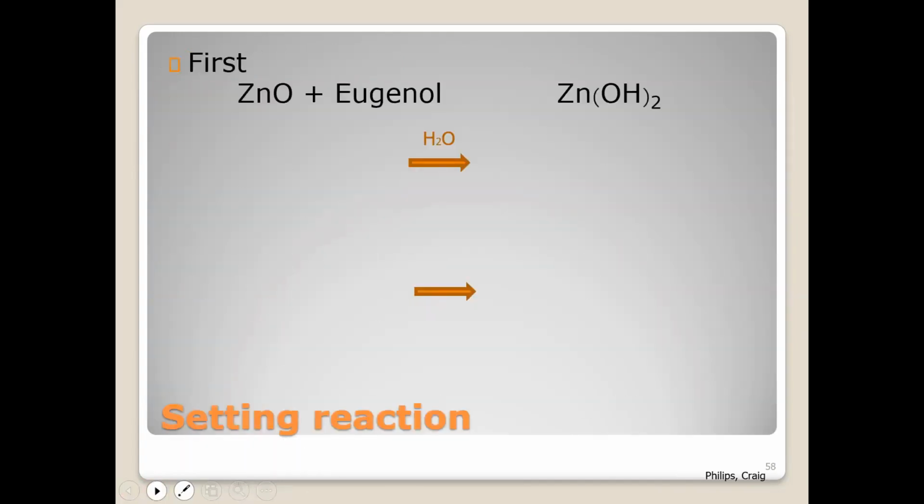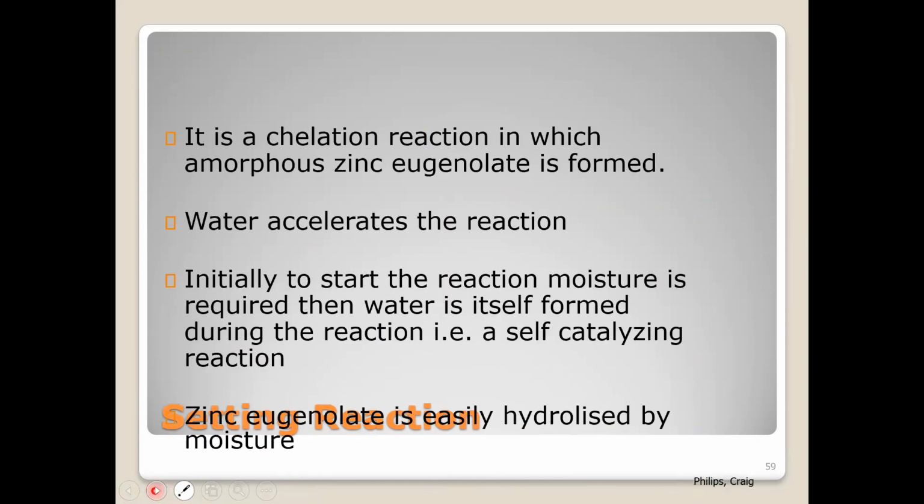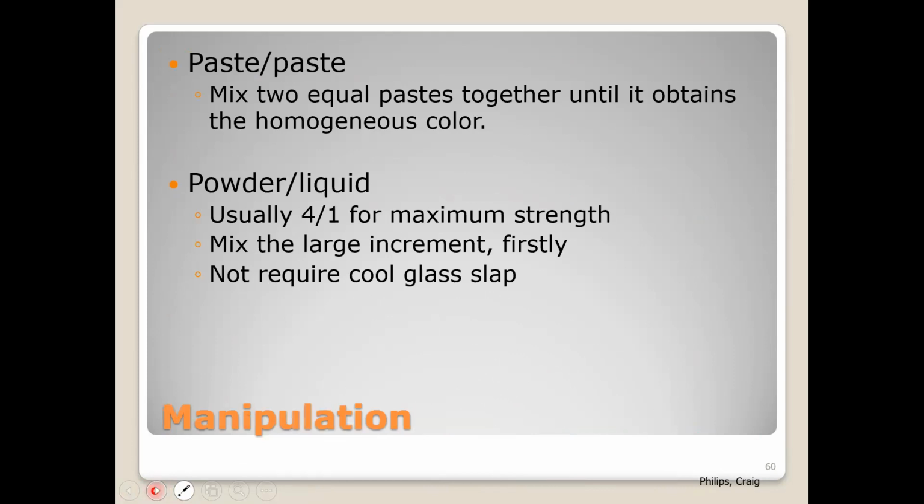So zinc oxide reacts with eugenol, chelation takes place, and zinc hydroxide is formed. Again, it reacts further, leading to the release of water and formation of zinc eugenolate. That happens only in the presence of moisture.